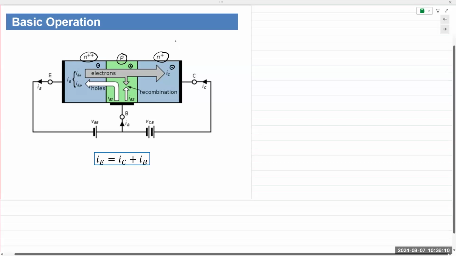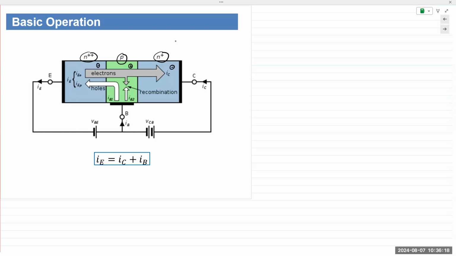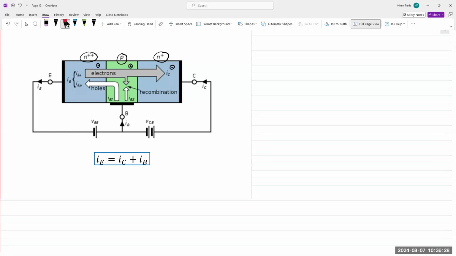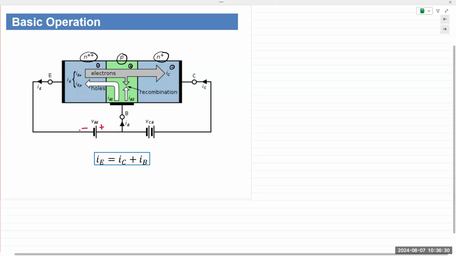Okay, so this is what happens. You take two voltage sources and you apply external biasing to this. So if you connect an external source, this is minus, this is plus. Actually, let me use the red ink. This is minus, this is plus, this is minus, this is plus.